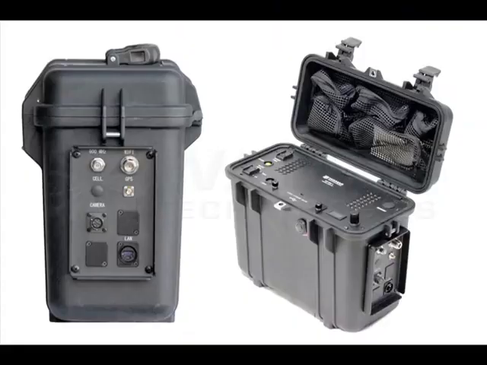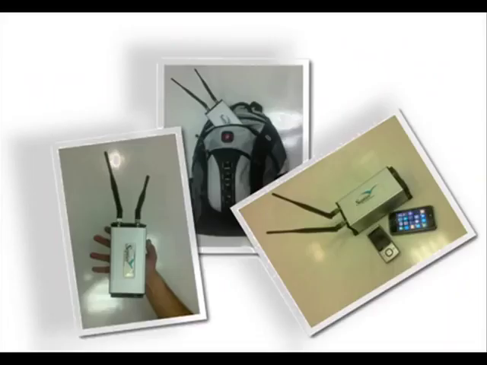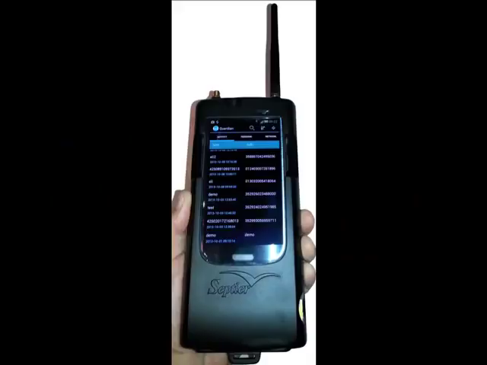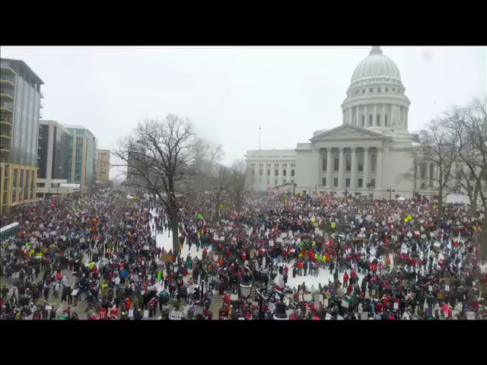So when the media refers to it as one specific device that's big and bulky, what they're concealing through obfuscation is things like this device that fits in a backpack, or this device that's handheld, so you could walk into maybe a tea party gathering or some sort of a labor protest or whatever, and gather information about the devices that are present.